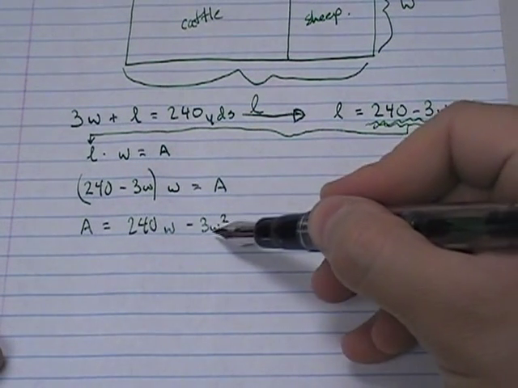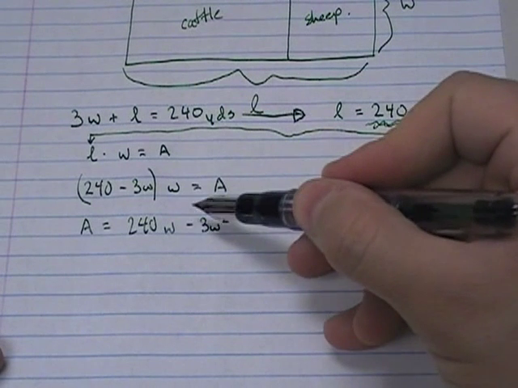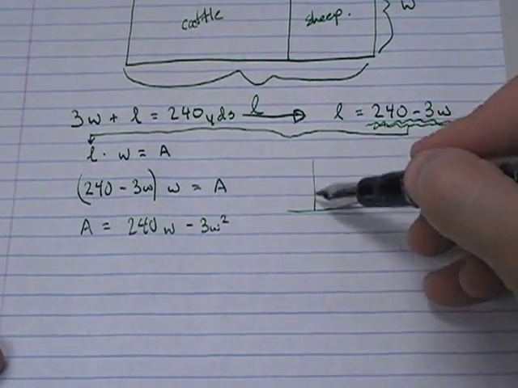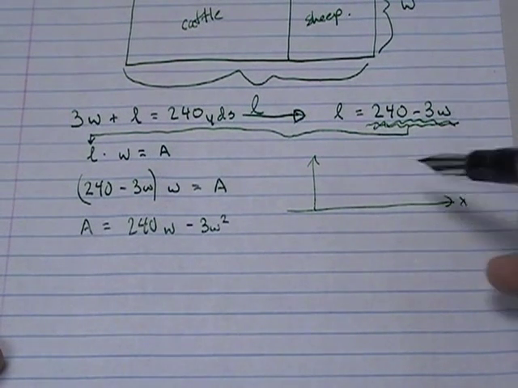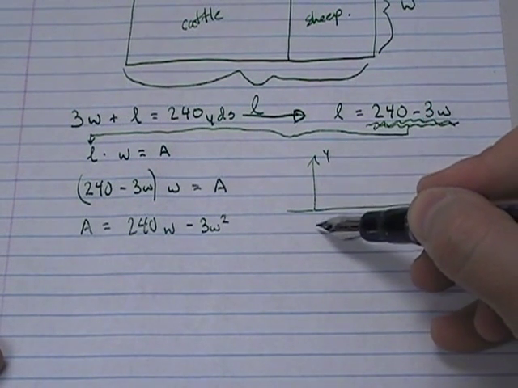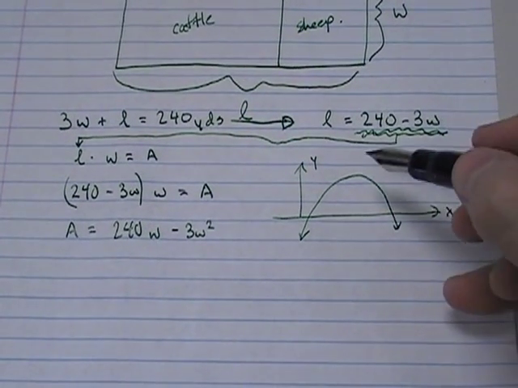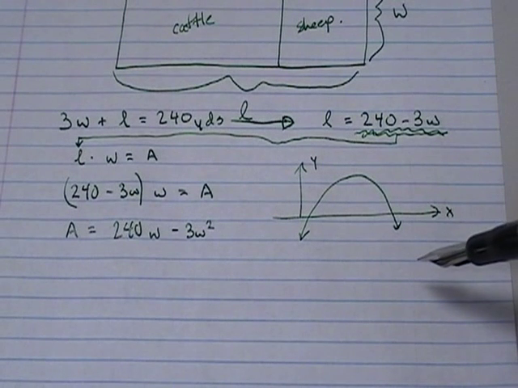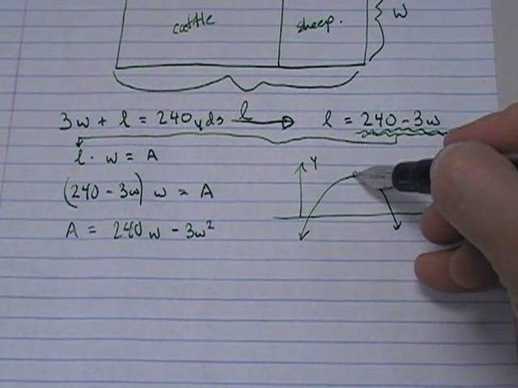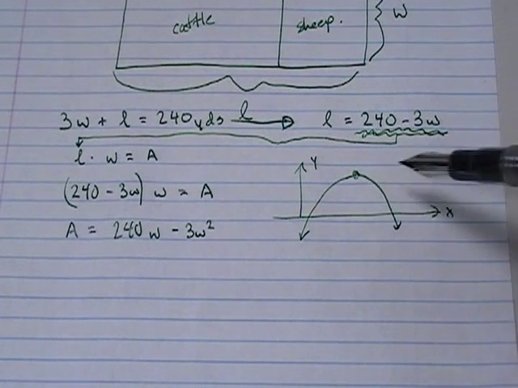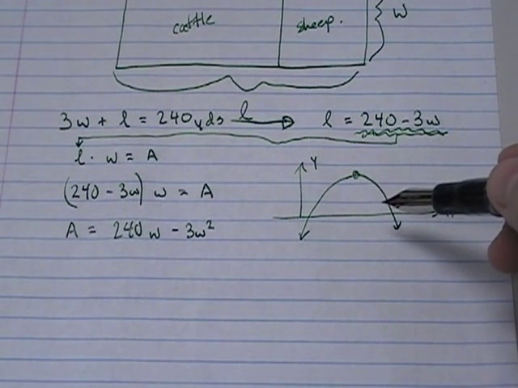Well, I have a quadratic whose leading term is negative. If I think of this graphically, on an xy axis, it's going to look like a parabola pointing downward. And anytime you have a parabola pointing downward, because its leading term is negative, you're going to have a maximum. And you can find that maximum.